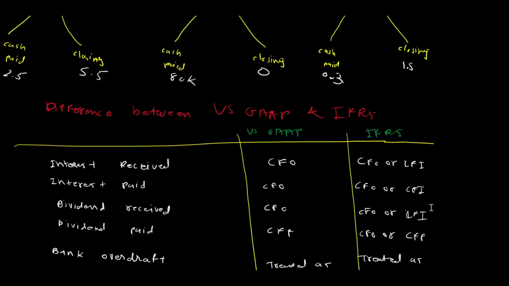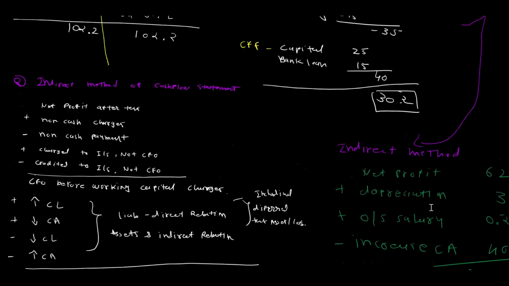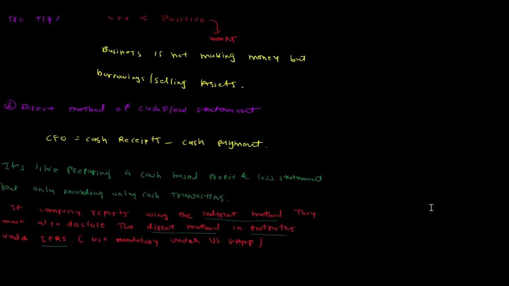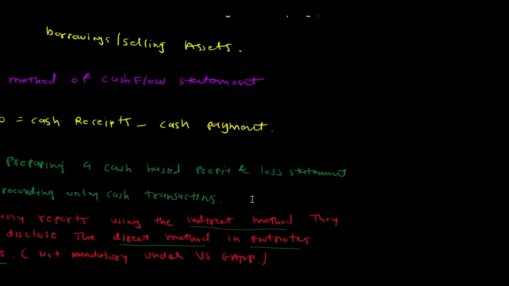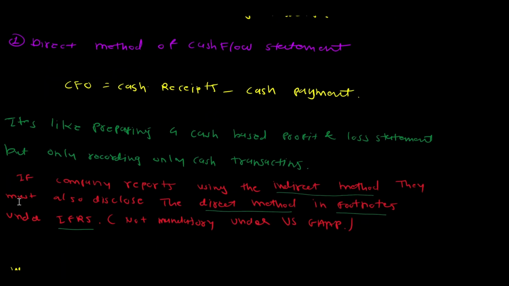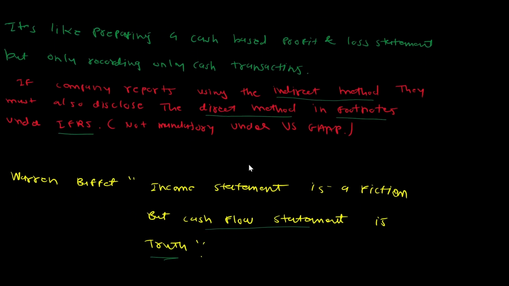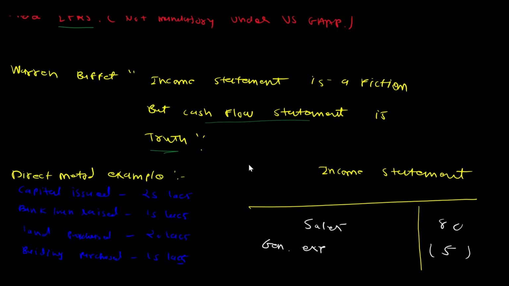As I told you in the first part, if a company is using the indirect method, they must also disclose the direct method in the footnote under IFRS. Not mandatory in US GAAP, but IFRS requires the direct method in the footnote if you are using the indirect method of cash flow.